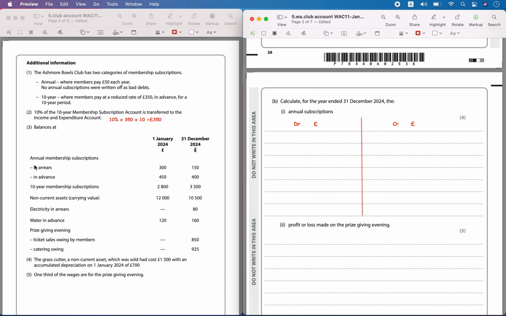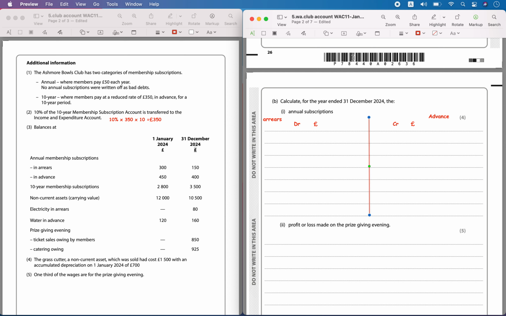Now, there is arrears of 300 and 450 at the beginning. So this represents the advance, and this will represent the arrears side. Prepaid appears on this side, and any owed or arrears will appear on the debit side.